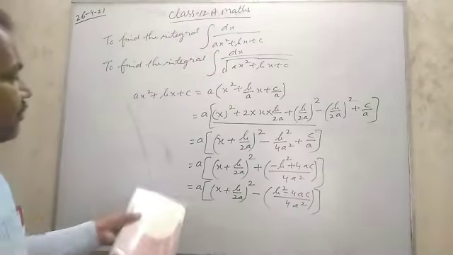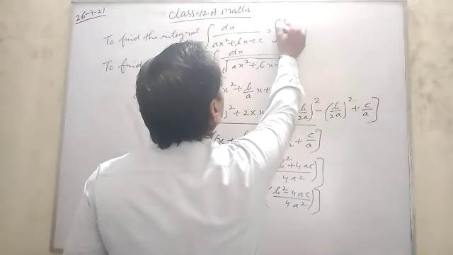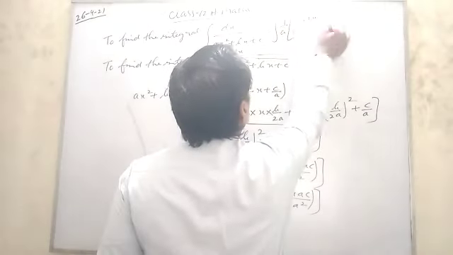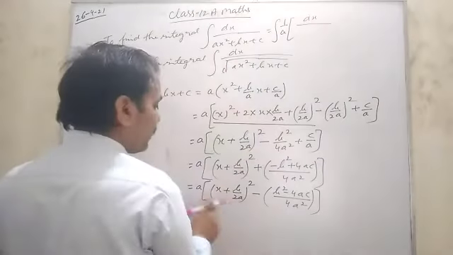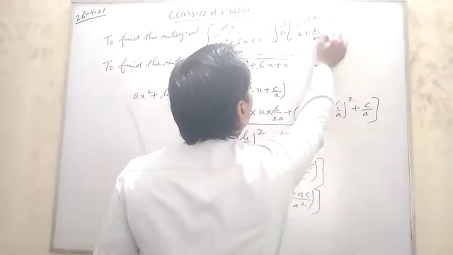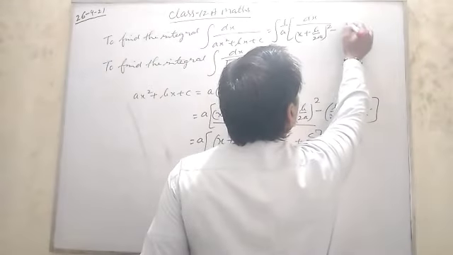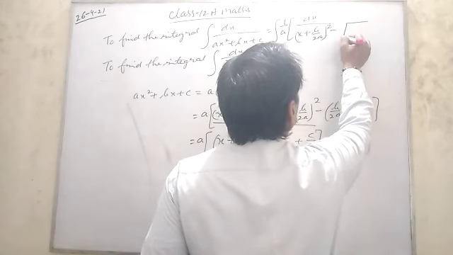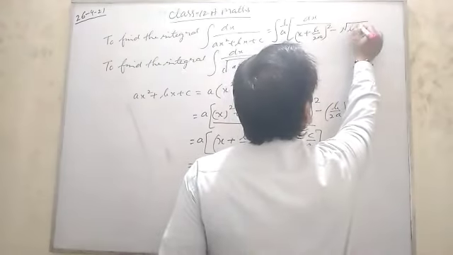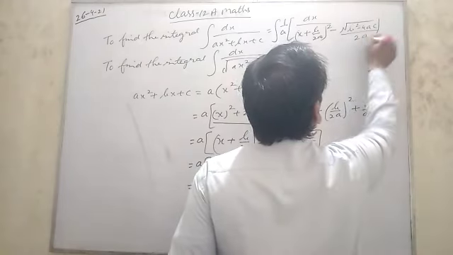So in place of that you put this. So 1 upon a, that will be constant, in bracket dx upon, in the denominator you write this, x plus b upon 2a whole square minus, and this you can write like this, under root b square minus 4ac upon 2a whole square.